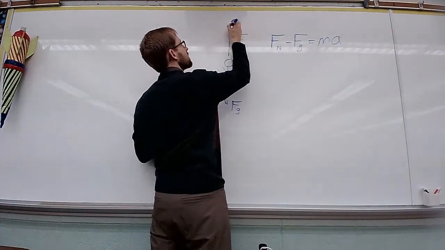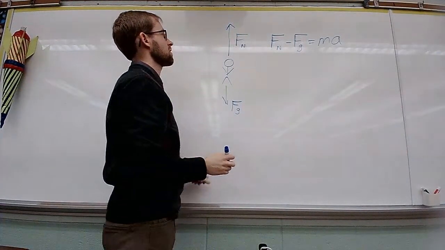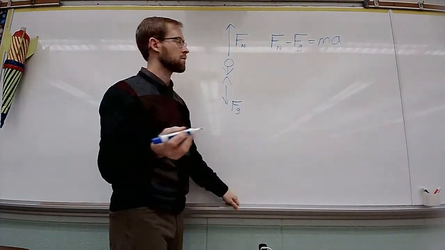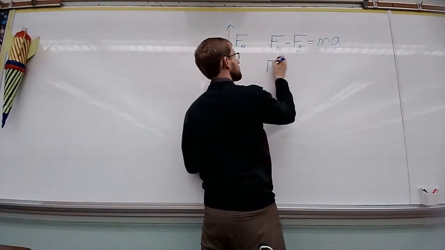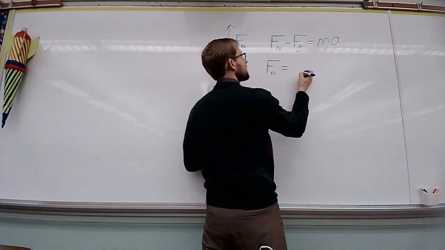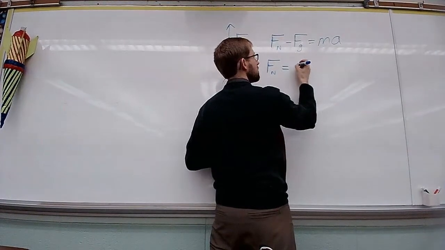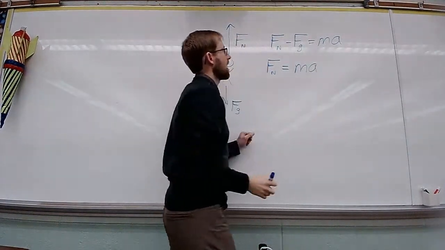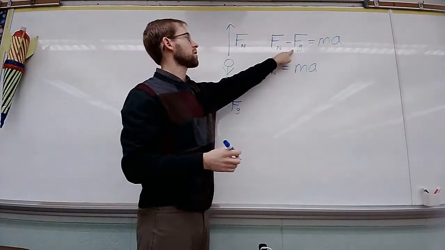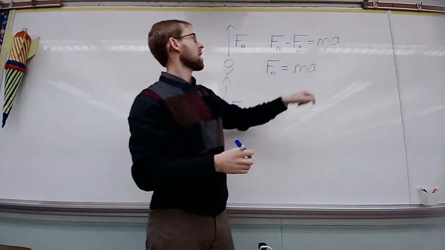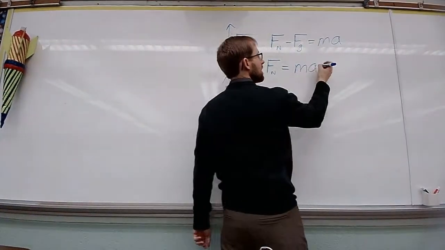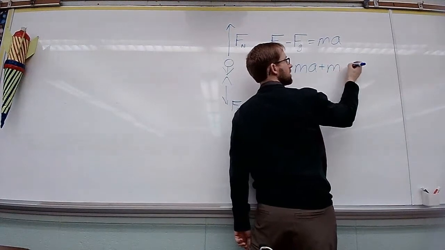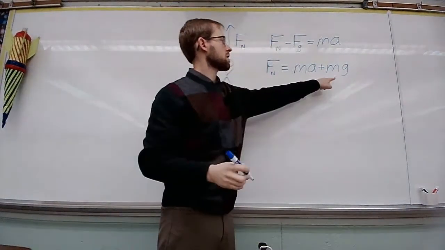So that force, the normal force, is bigger than the force of gravity. So now we got to figure out what it is. So it's going to be equal to ma, and then I have to get my force of gravity on the other side. That makes it positive, and because force of gravity is equal to mg, that's where this comes from.